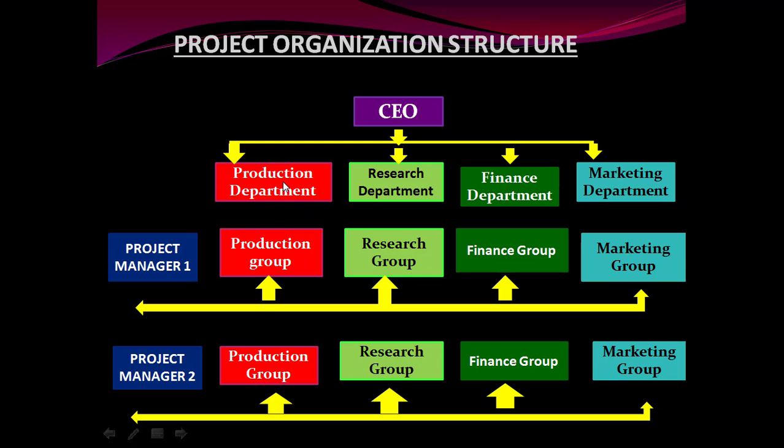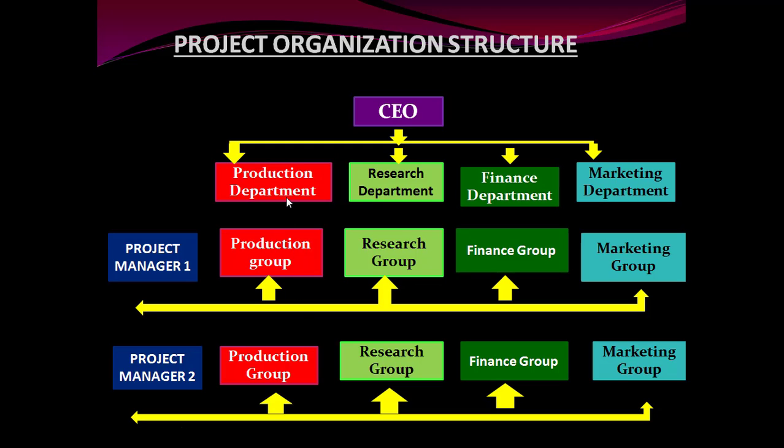There's no arrow between the production department and this production group, right? Which means that there is no reporting of the employees working here in the project group to the job functional departments, right? Same is the case with project 2, right? Again, employees from production department, research department, finance department, and marketing department are working, and they all are reporting to the project manager, and they have no link with their own departments, that is production department.